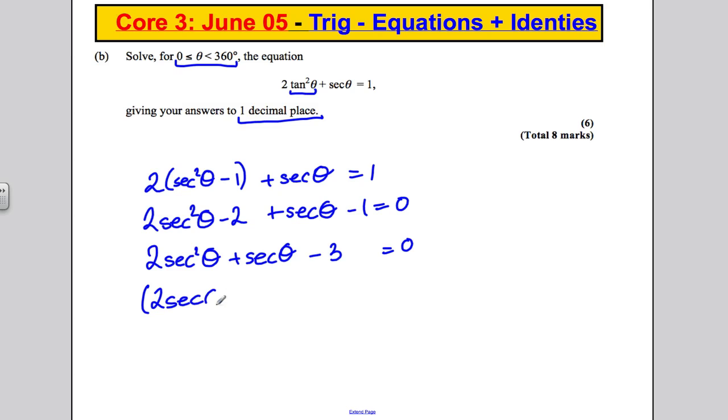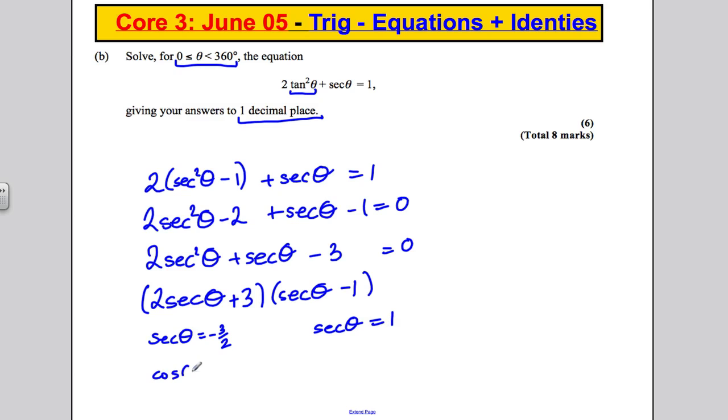Well, hopefully I can. 2 sec theta, minus 1 and plus 3, I think gets us our answer, and therefore sec theta is negative 3 over 2, or sec theta is 1, so therefore cos theta is negative 2/3, or cos theta is equal to 1.